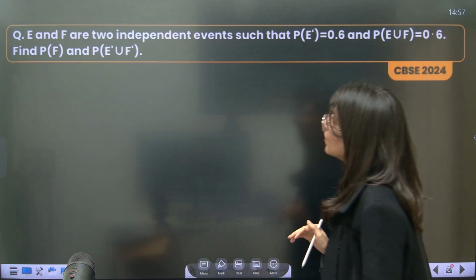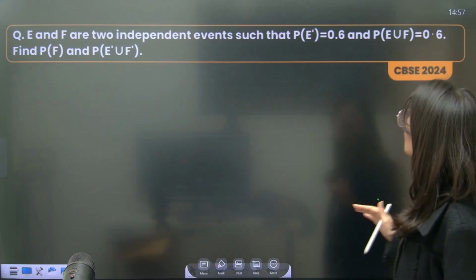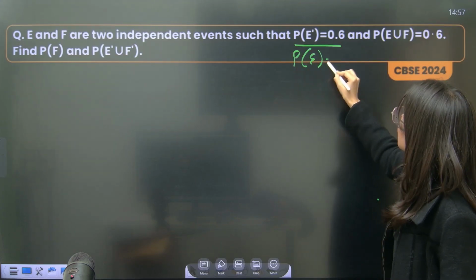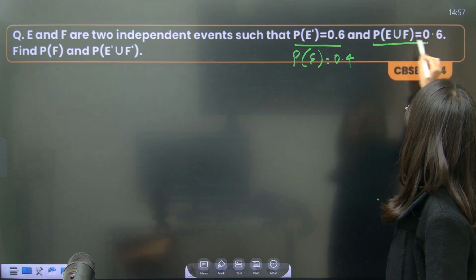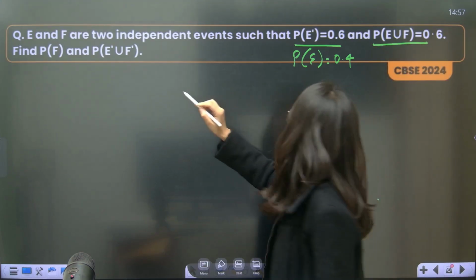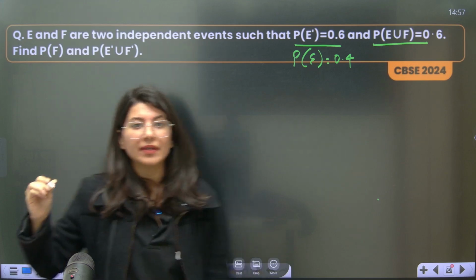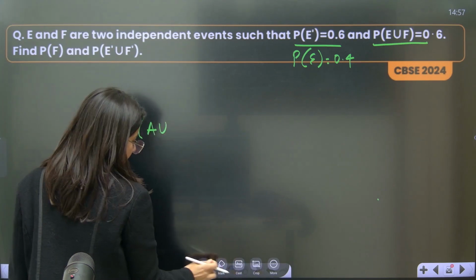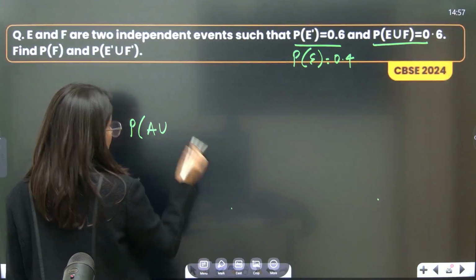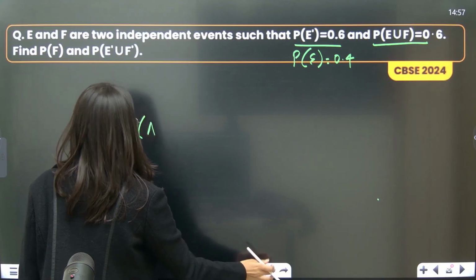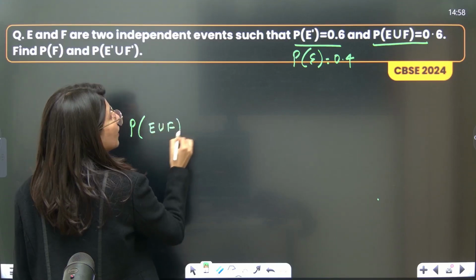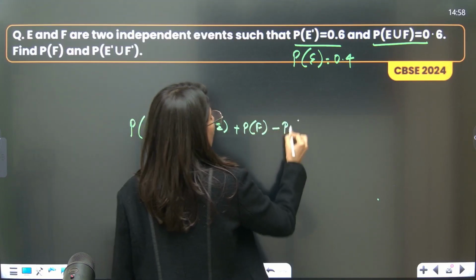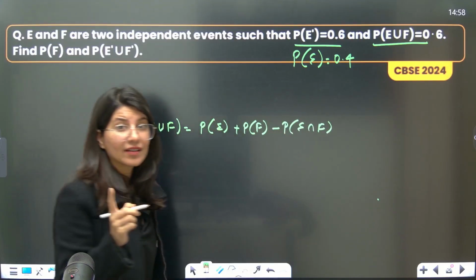CBSE 2024 problem. E and F are two independent events such that probability of E complement is 0.6. So from here we can write probability of E is 0.4. Probability of E union F is 0.6. Find probability of F. We are going to apply the basic formula: probability of E union F is equal to probability of E plus probability of F minus probability of E intersection F. Now understand, E and F are independent.